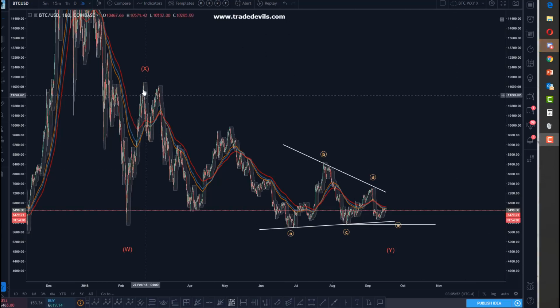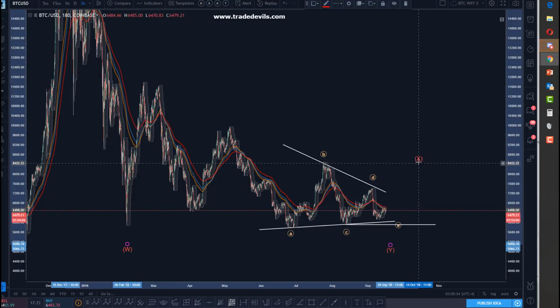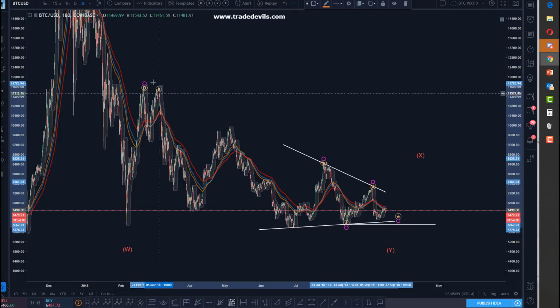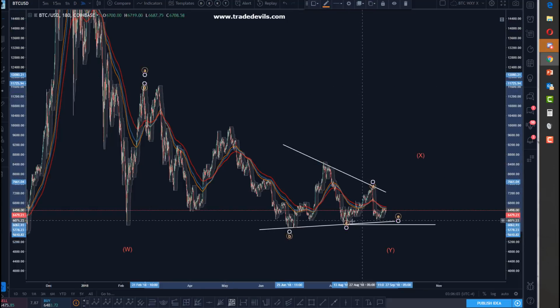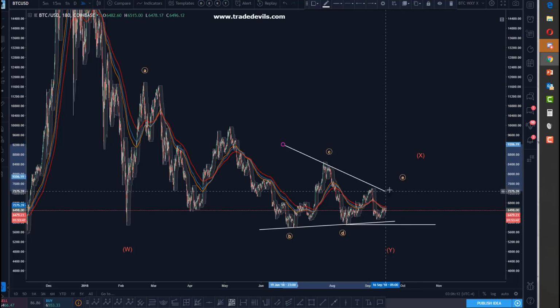The other option, of course, is all of this is part of an X triangle. We've done this one before, so I don't need to spend more than a quick minute on it. Now this one is more credible so far to me.